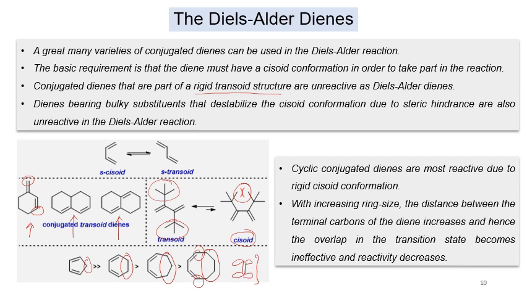Therefore, the reaction becomes ineffective as the distance between the terminal carbons grows, and reactivity goes down. So the highest reactivity is observed for cyclopentadiene, which dimerizes very readily even at room temperature in a 4+2 cycloaddition reaction.